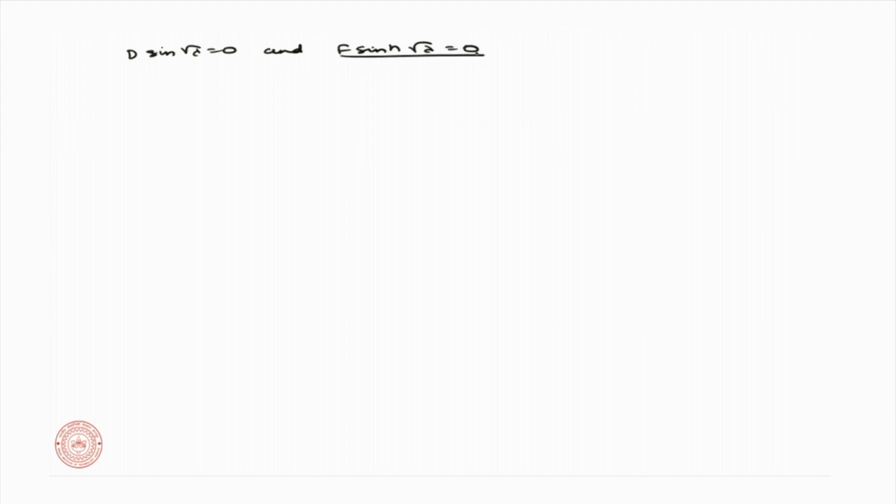Okay. From this, sin hyperbolic cannot be 0 except for x equals 0. Sin hyperbolic is exponential of x minus exponential of minus x by 2. So, only for x equals 0 this becomes 0, otherwise it is not 0. Sine functions on the other hand can be 0 over multiple occurrences, right.